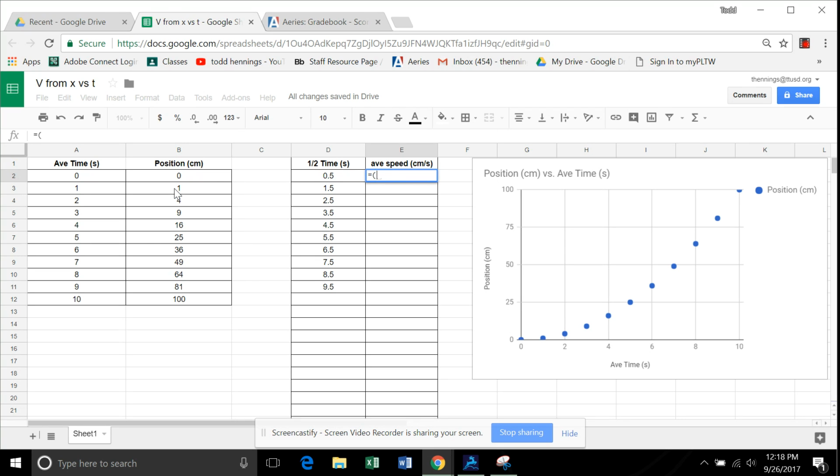Here's one position. I'm going to subtract from that the previous position. That's displacement. Close off the parentheses. I want to divide it by time, the time that it took to displace that much. Here's the final time minus the initial time.